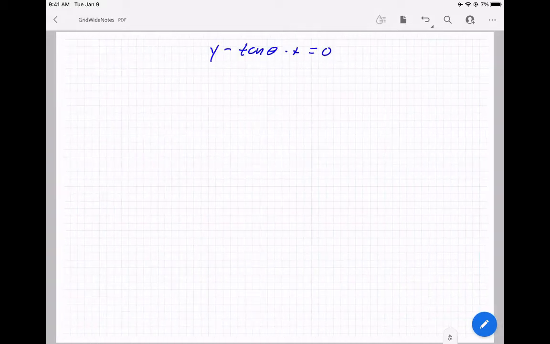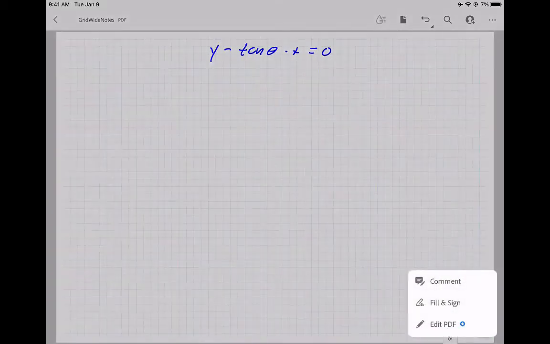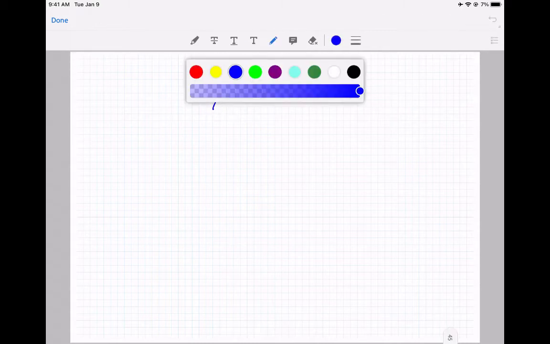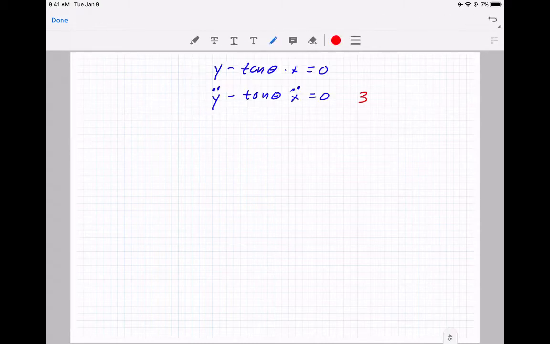But that's easy to solve because all we have to do is take a second time derivative, and I get y double dot minus tan theta times x double dot equals 0. I'm going to call this 3 prime.